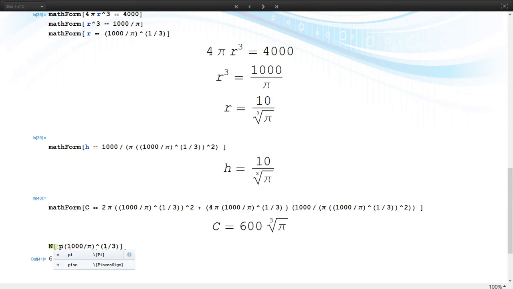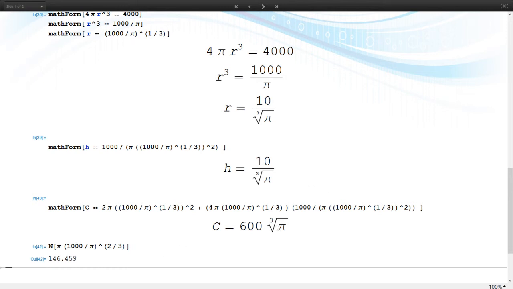So pi r squared gives us almost 150 square centimeters for the top. So that's $1.46 for the top, another $1.46 for the bottom, and then the cost of the wall.